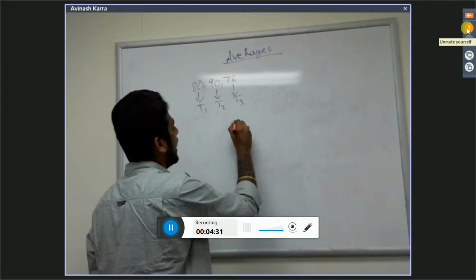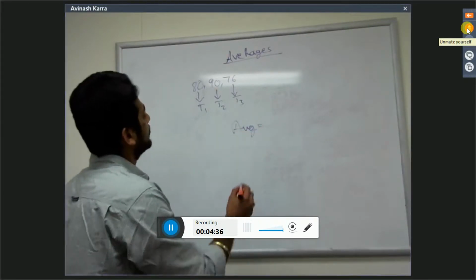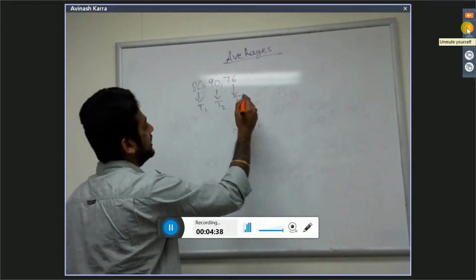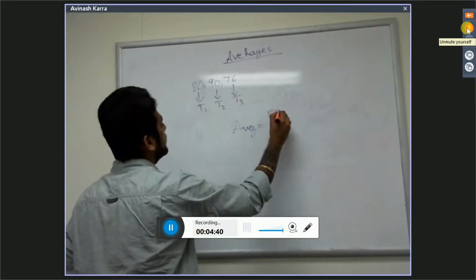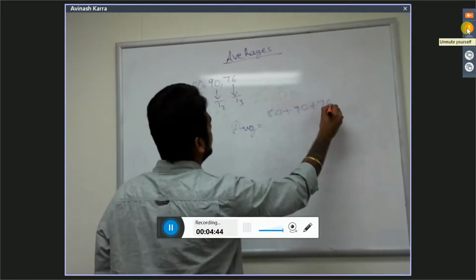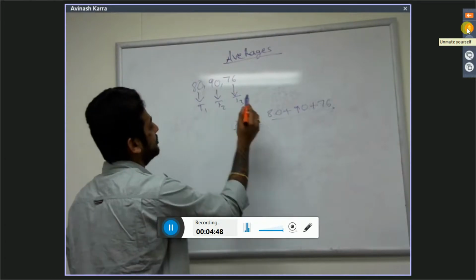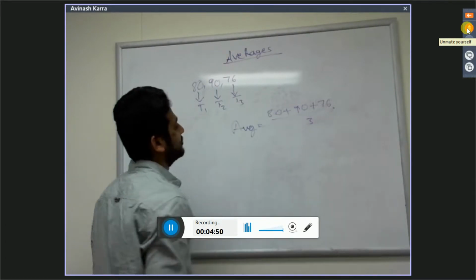So simple. Average is equal to sum of the given data, 80 plus 90 plus 76, divided by how many? 1, 2, 3. We have 3 values, right?